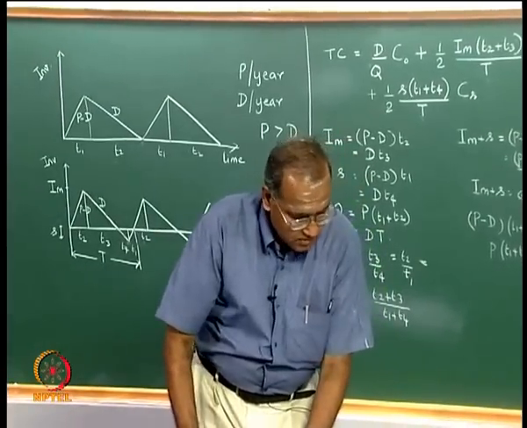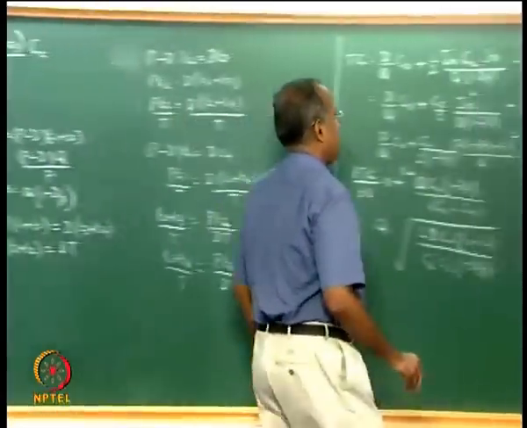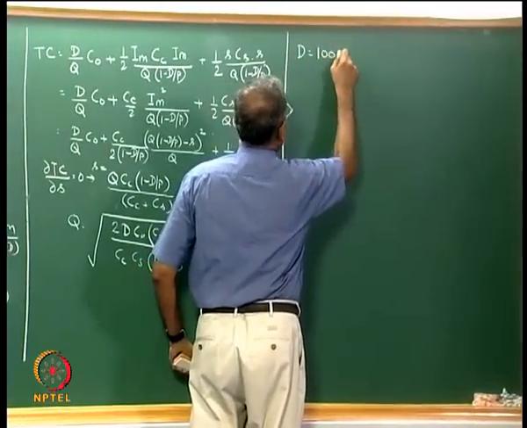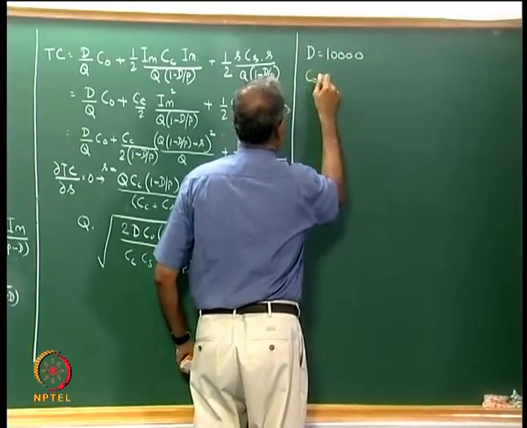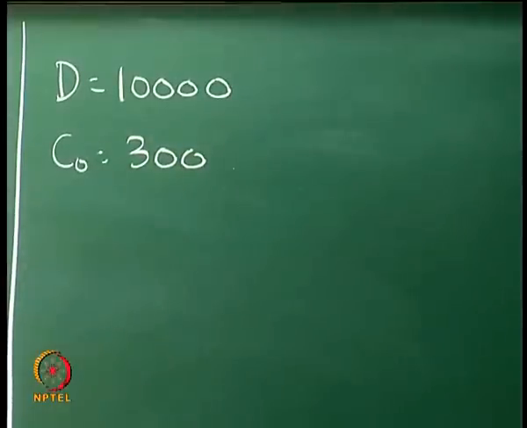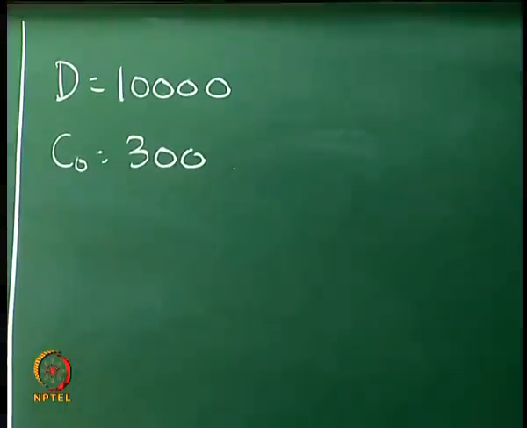So, we consider D equal to 10,000, C naught is equal to 300, CC equal to 4 and P equal to 20,000.